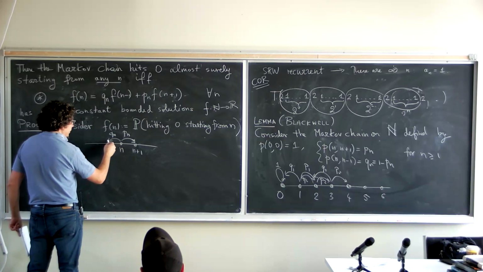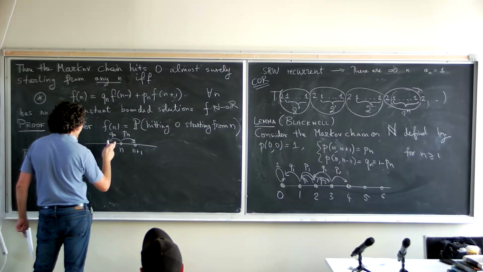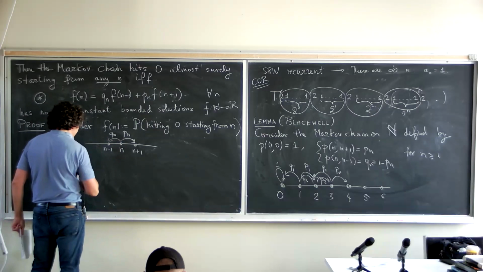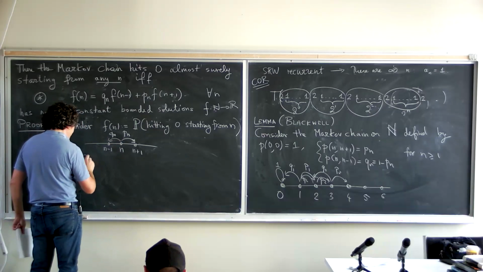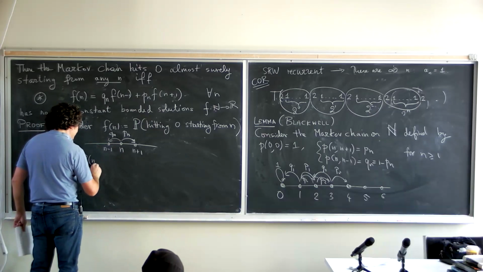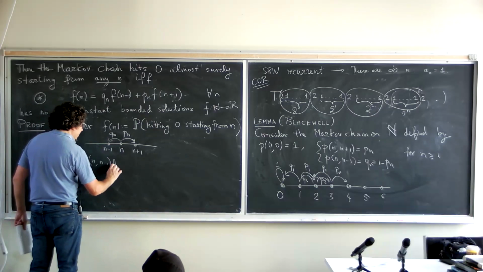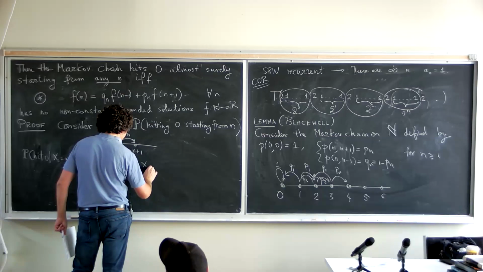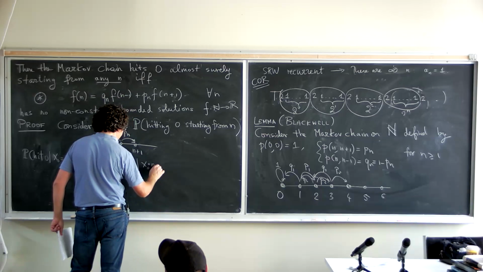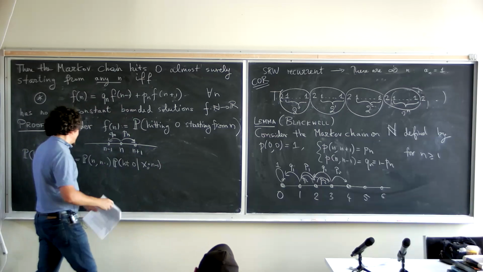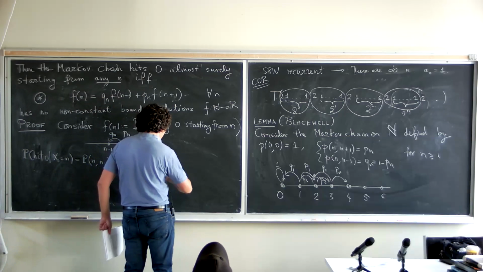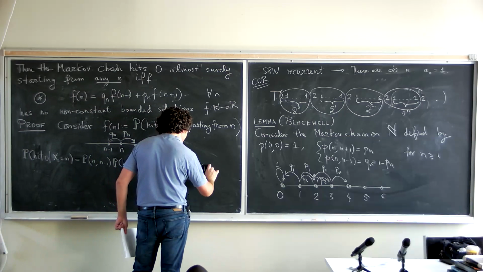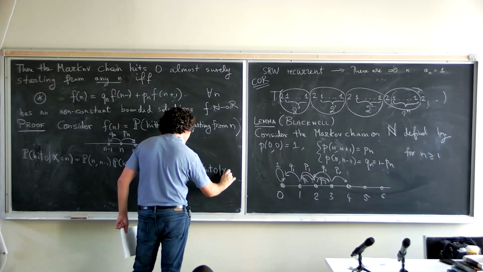You can either go left or go right, and then the probability is the probability of going from n to n minus 1 times the probability of hitting 0 starting from n minus 1, plus the probability of going from n to n plus 1 times the probability of hitting 0 starting from n plus 1.